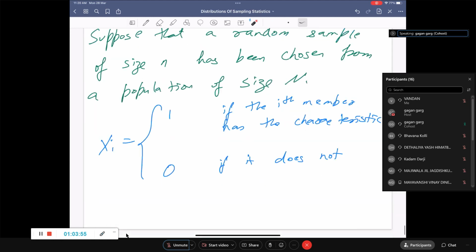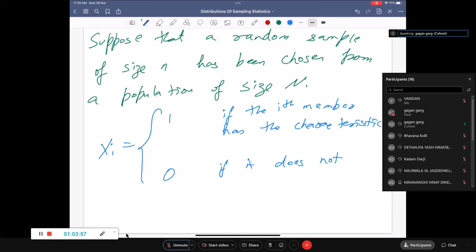So this i is going from 1 to n, the lowercase n, where n is the sample size. So you've chosen, let's say, 20 students in the sample. For each of those 20 students, xi is either 1 or 0. So this is an indicator random variable. We are looking at examples wherein either that thing is there or not there.